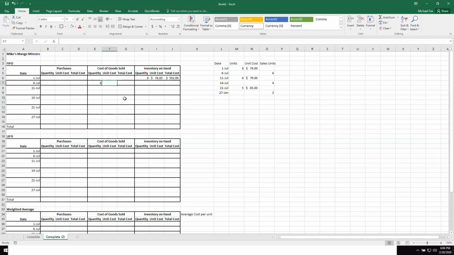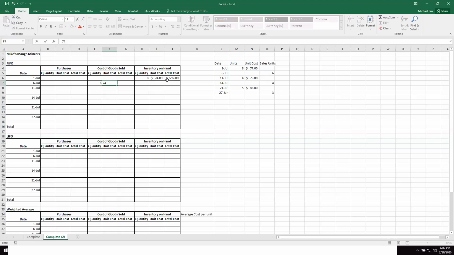And so always the question when we're doing this, first in, first out, last in, first out, weighted average, is which units am I selling, right? Because that's what we're trying to figure out. In this case, I only have units that cost $74, but as I get more units, there'll be some ambiguity as to which unit I'm selling. So at this point, I'm going to sell 6 units.